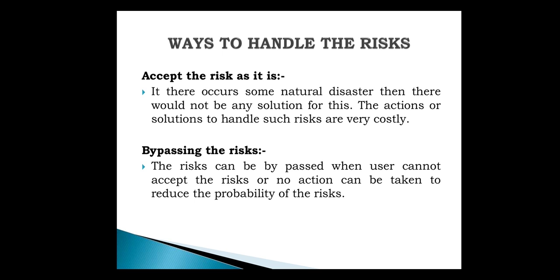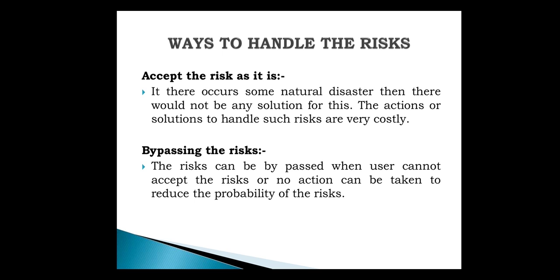The actions or solutions to handle such a risk are very costly. If something happens and your system collapses, you need to reprocess each and everything. It is very costly, but you need to perform it again.